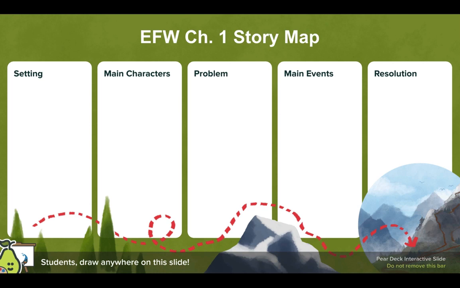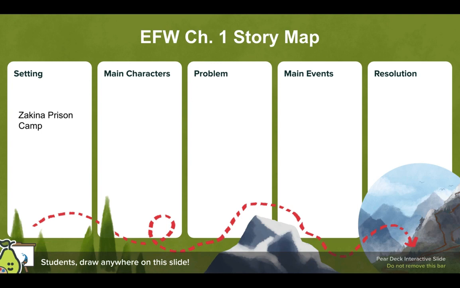All right, so let's think about a story map. You might have done a story map before when you were done with a novel, but we're going to do one here for just chapter 1. Okay, so the setting of chapter 1, what did we say it was? Yes, we said it was the Zakina prison camp.